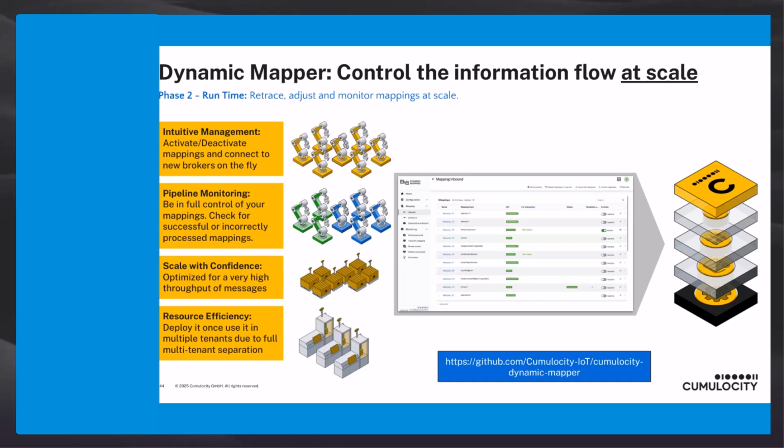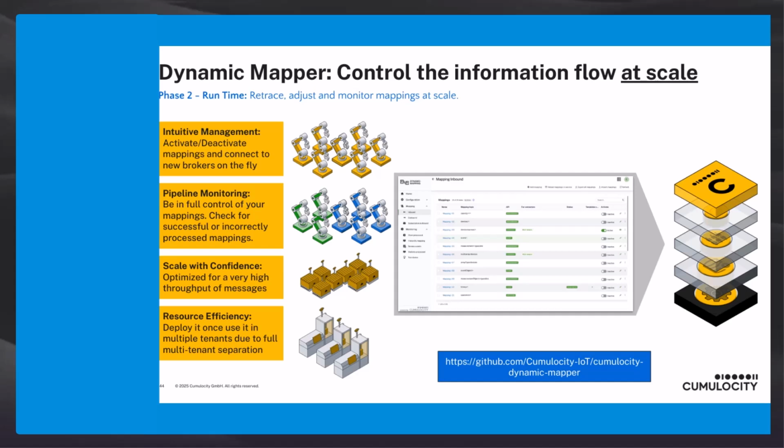It even has some monitoring capabilities, so you can see, hey, my mapping is failing because some payload was received with data which was not expected. So the mapping failed, you can see there are some errors, and you need to adapt your mappings. And it was from the beginning designed to be very scalable. So we can handle thousands, millions of messages, and very resource efficient, in a multi-tenancy way, so that you can deploy it on an enterprise tenant and subscribe your subtenants to it.